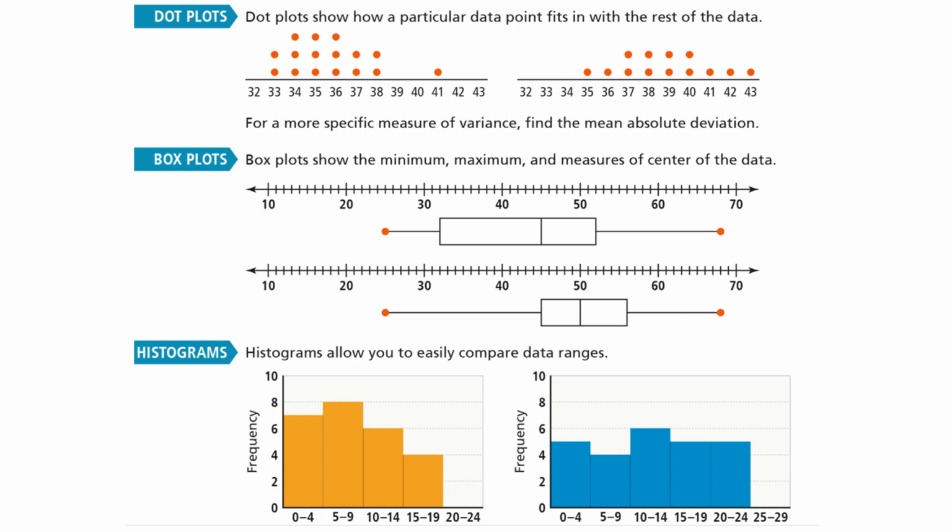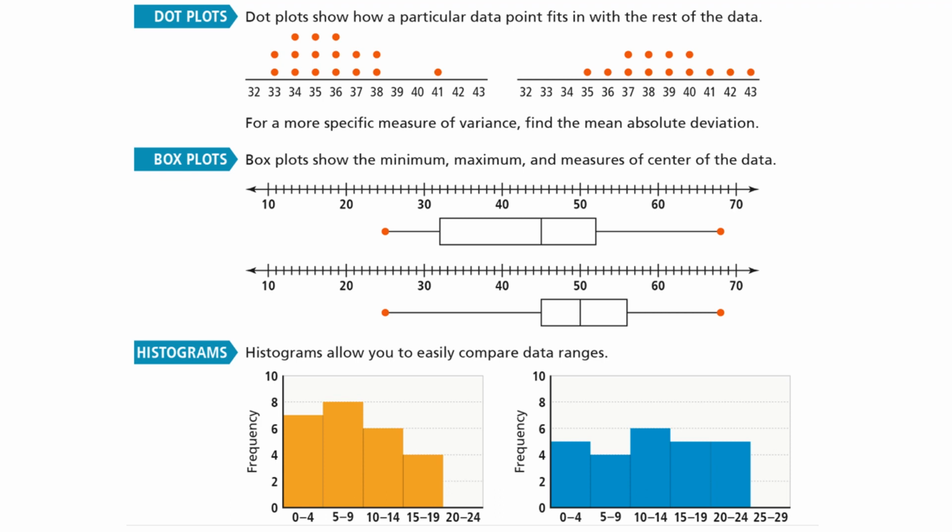Box plots are great for showing the minimums, maximums, the median, the quartiles, kind of shows that spread, so we can compare those pieces. Remember that we can't see the actual data from a box plot or a histogram like we can from a dot plot. And then histograms allow us to compare ranges a lot better. The box plots don't allow us to compare ranges quite like that.